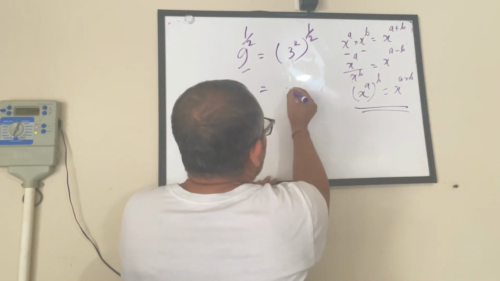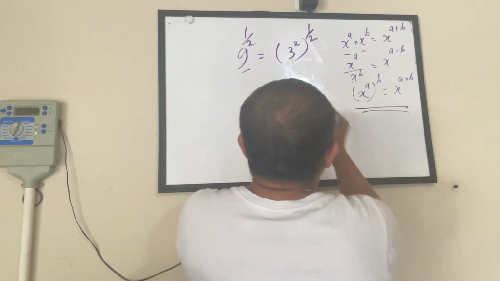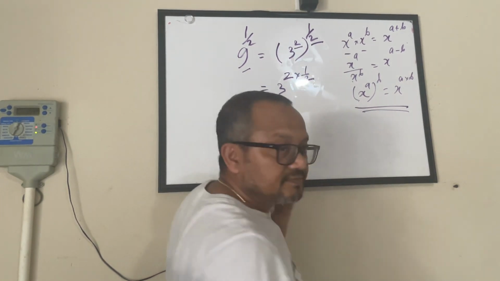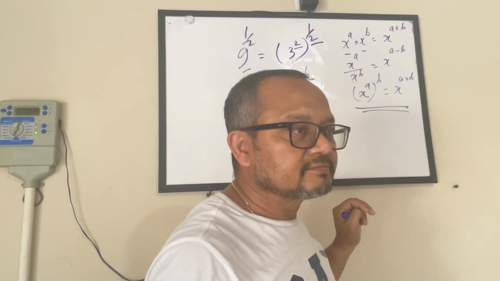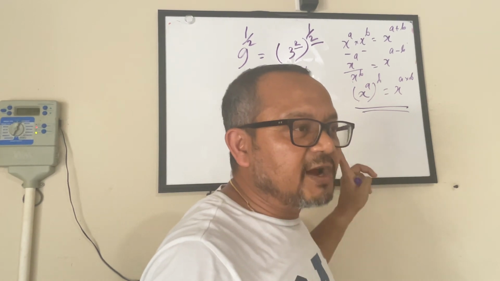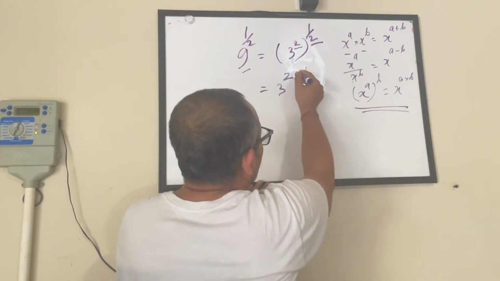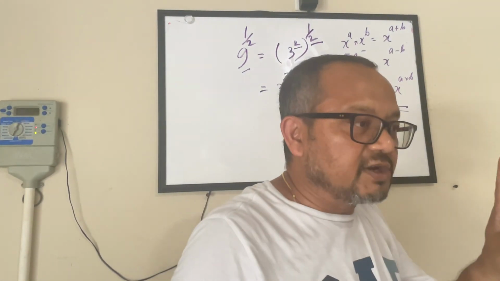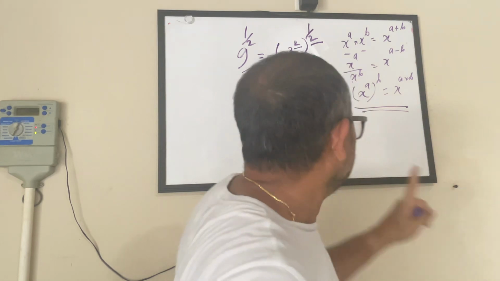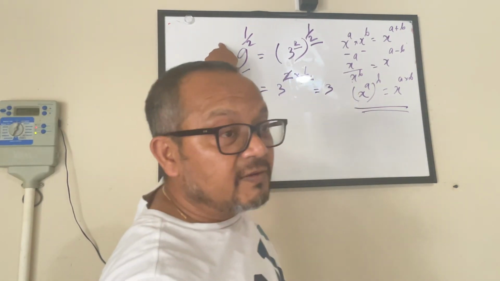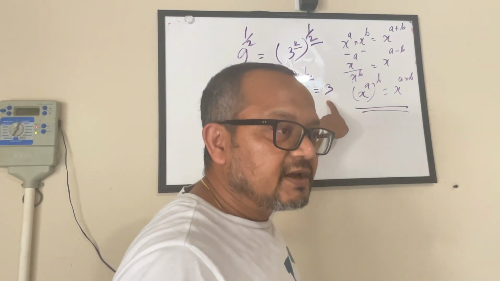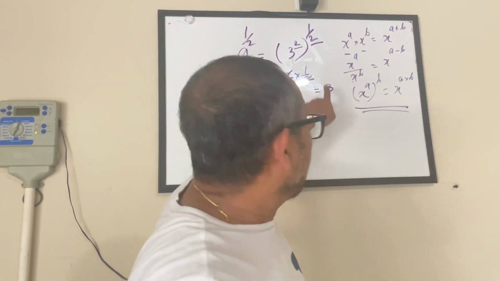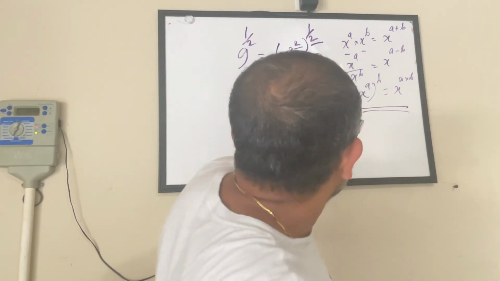This equals 3 to the power a into b. What did it become? 2 into 1 by 2 will give you 1 only, right? 9 to the power 1 by 2 became 3. Did you guys notice how it became? Whatever we had learned with exponents, we just applied it.